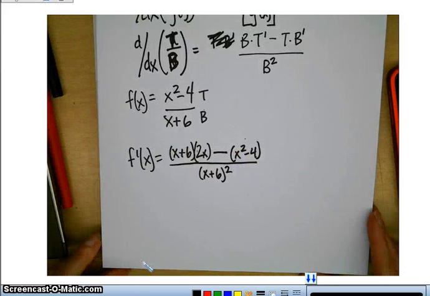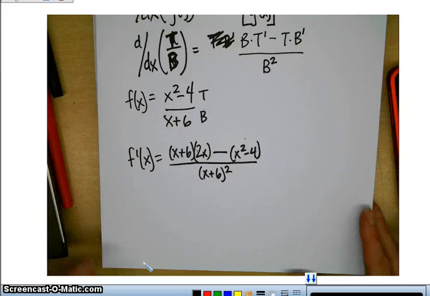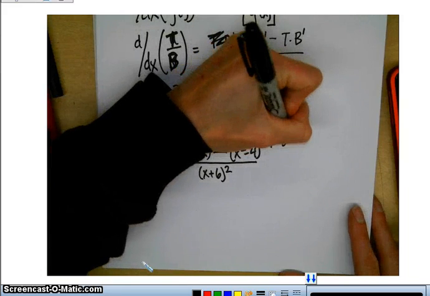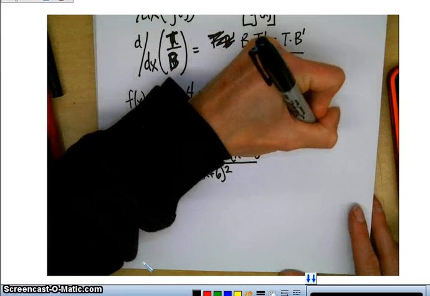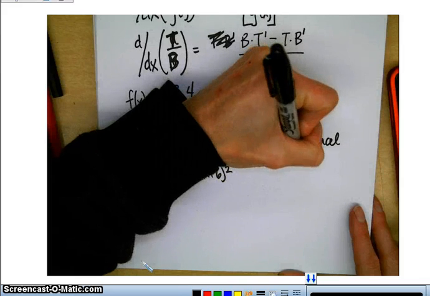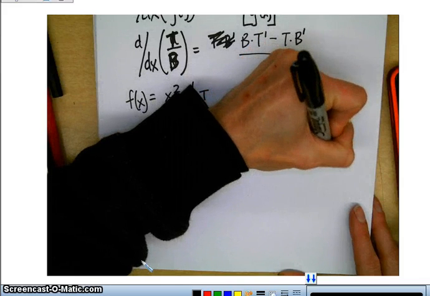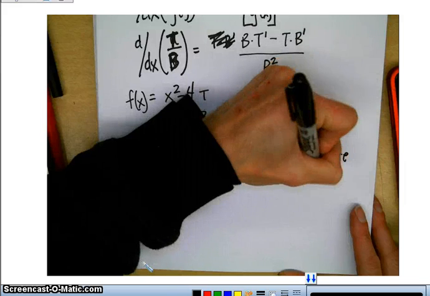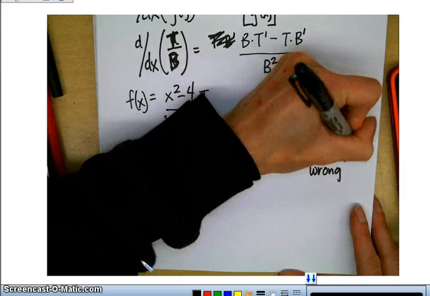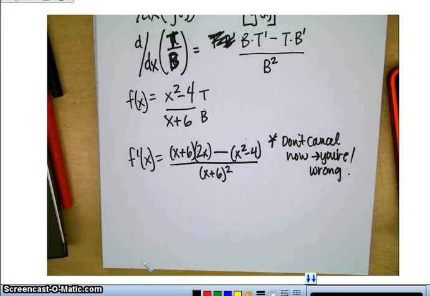Okay? Now, we need to simplify now. Now here is a tip. Don't cancel now. You're wrong. Write that down. Don't cancel now because you're wrong if you do.